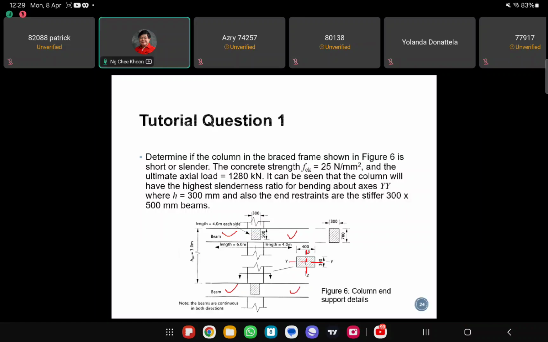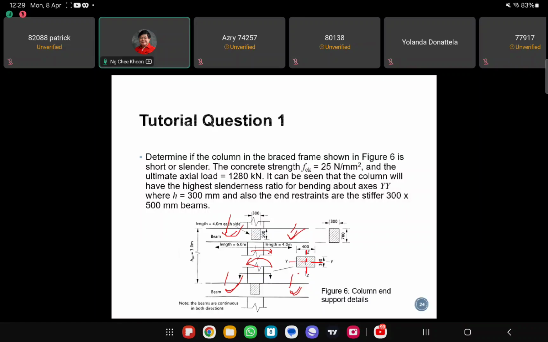If the column is going to bend this way or this way, the beams restraining the bending will be these four beams: two beams on top, and two beams at the bottom. You will resist the bending about the z-axis of the column, right?